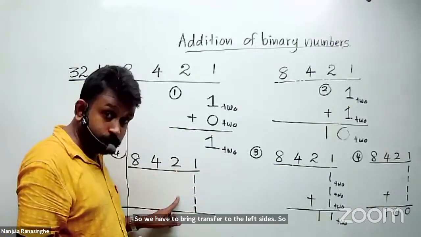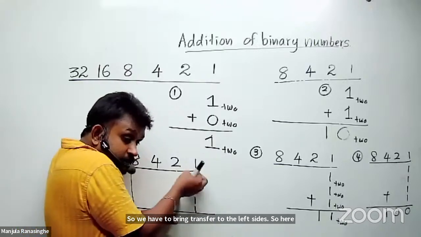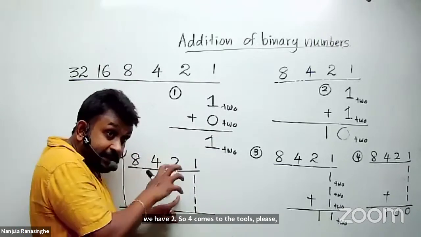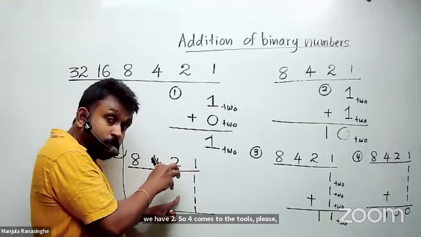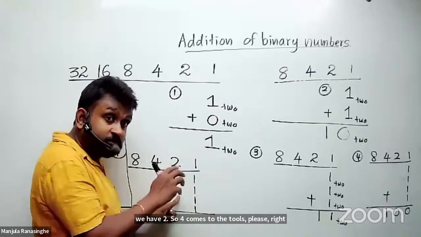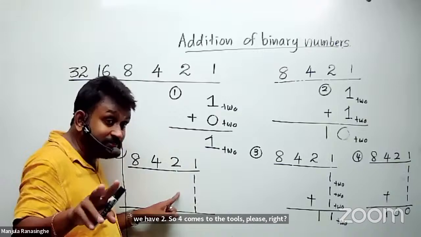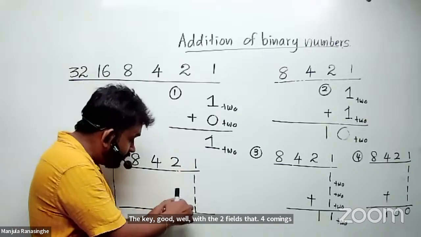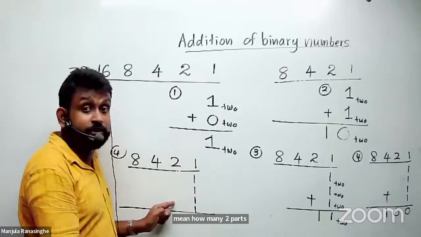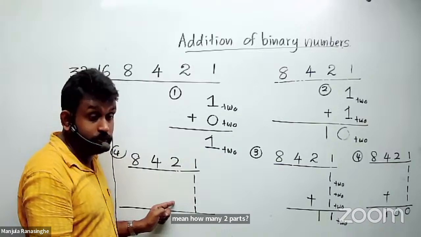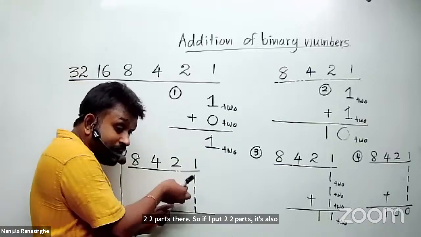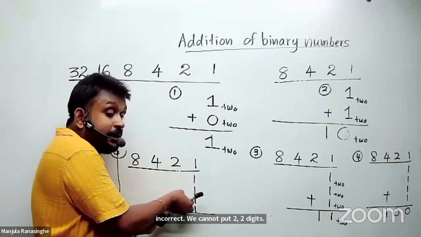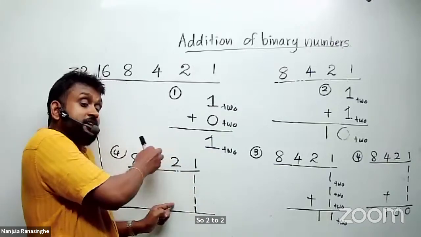Here we have 2, so 4 comes to the 2's place. The 2 feels that 4 is coming, meaning how many two parts? Two parts there. If I put two parts, it's also incorrect, we cannot put two digits. So I will not keep it here, I bring that 4 to this part.